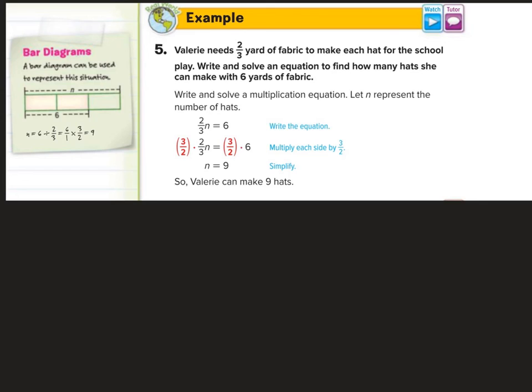In order to solve equations with the coefficient being a fraction, you have to multiply both sides by the reciprocal of the fraction. This person multiplied both sides by 3/2. 3/2 times 6 is 9, so Valerie can make 9 hats. Notice on the side, you can also solve using a bar diagram.